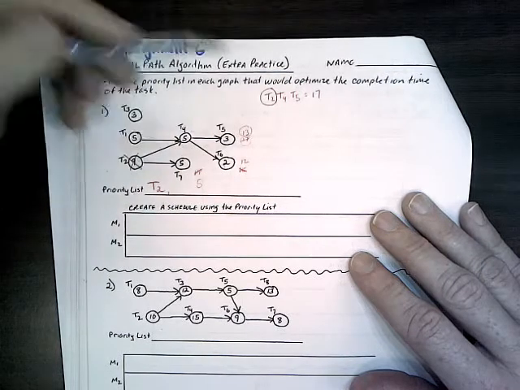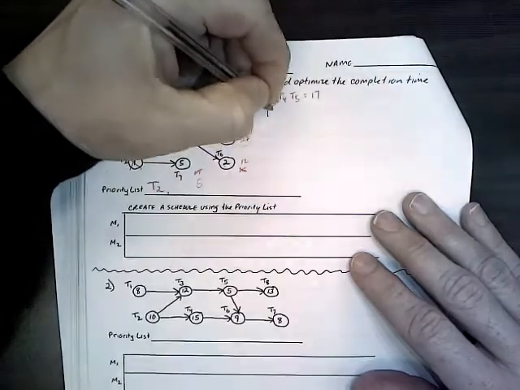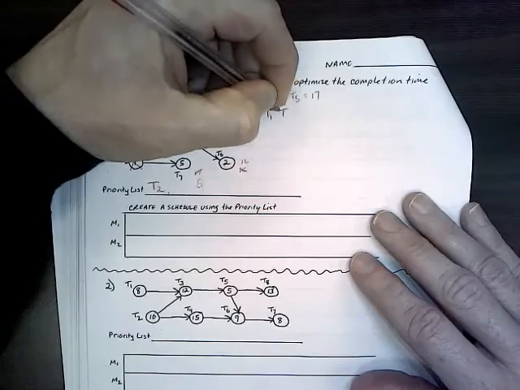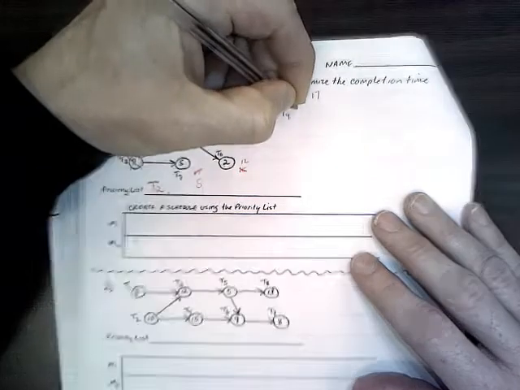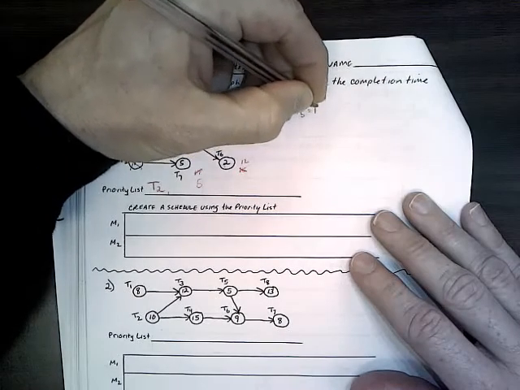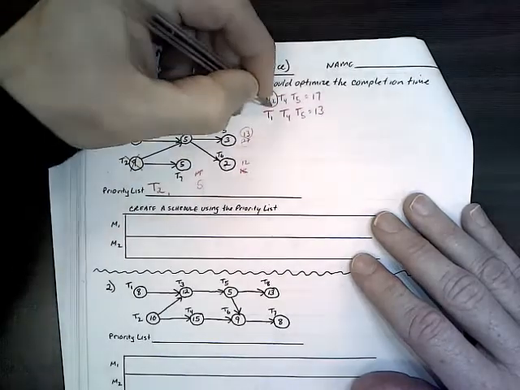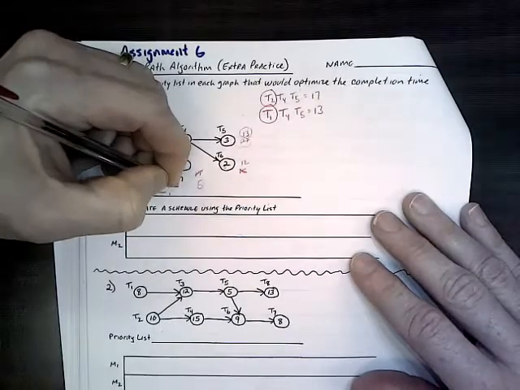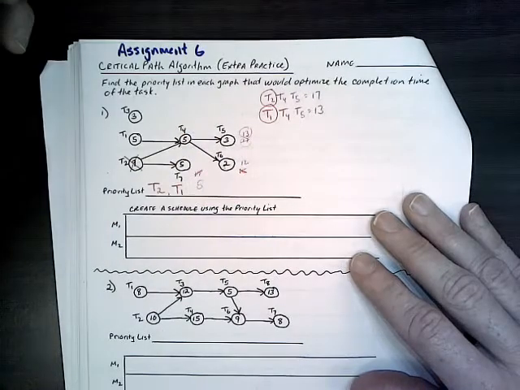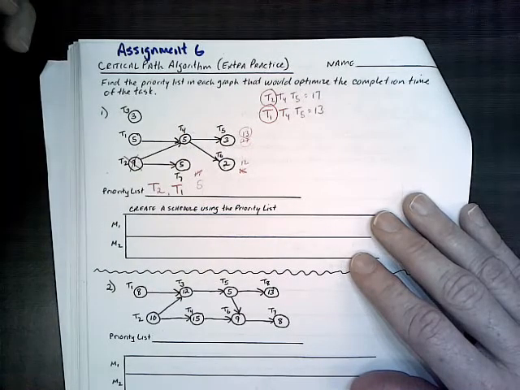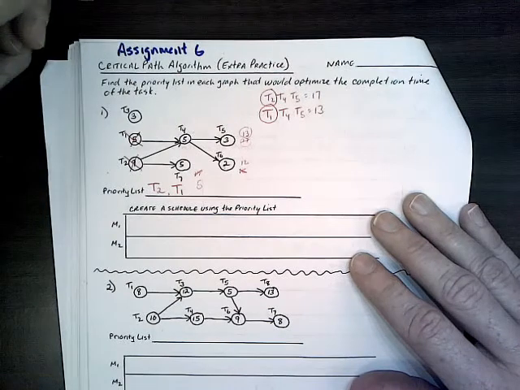So 13 is the biggest one. That's T1, T4, and T5, adding up to 13. We take the first task from that list, which is T1, and that goes next. So we're done with T1.